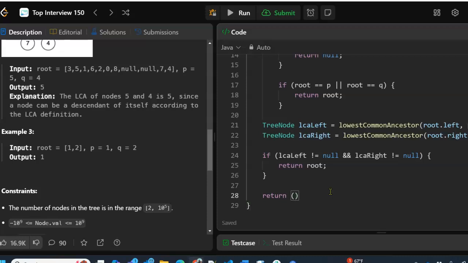We can say return, if LCA left is not equal to null, then we'll return LCA left. Otherwise, it was LCA right that returned non-null, and so we will return that.